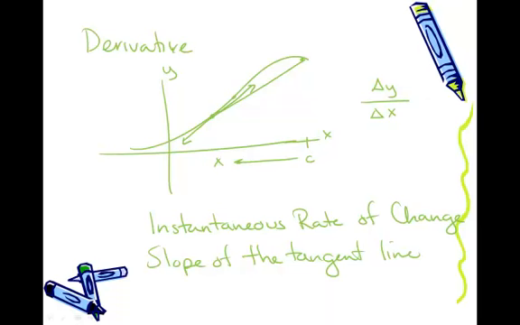And when we talk about rate of change, we're talking about units of the y-axis divided by the units of the x-axis. For example, if y is distance in miles and x is time in hours, our derivative becomes miles per hour.